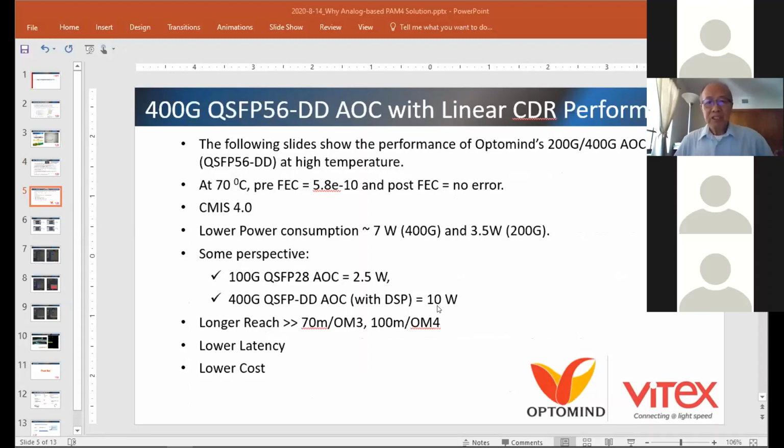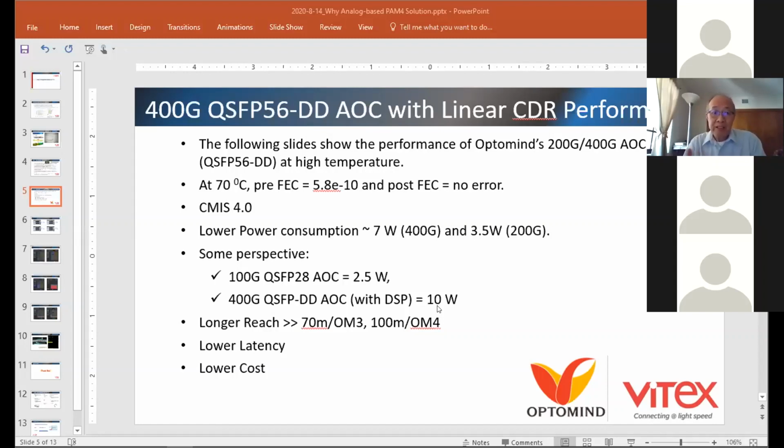Basically, it's done at high temperature to show its compliance. At 70 degrees C, pre-FEC is about 5.8 times 10 to the -10, and post-FEC, of course, there is no error. And you will also see some bursting errors coming in, like in a 12-hour test, which is quite normal. I think the spec allows some bursting error, but not a lot when you do an overnight test.